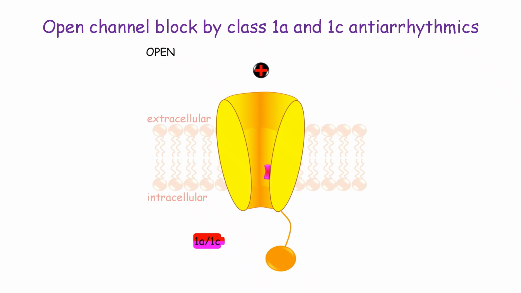Once bound, it blocks the flow of sodium ions, reducing both the rate and amplitude of depolarization. Because the binding site is located on the intracellular side, the drug must first cross the cell membrane before it can reach and block the open channel.